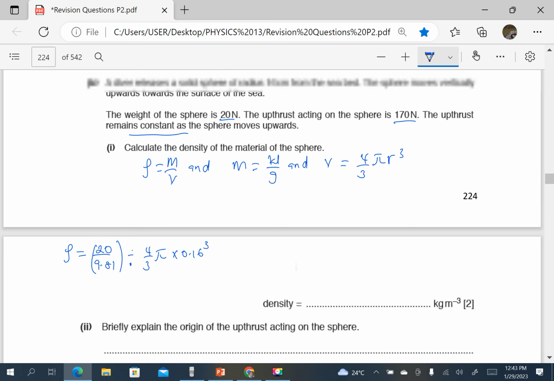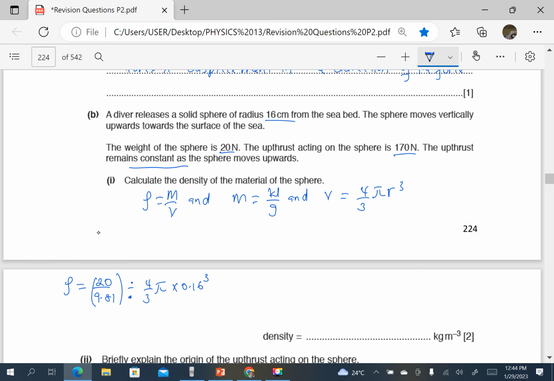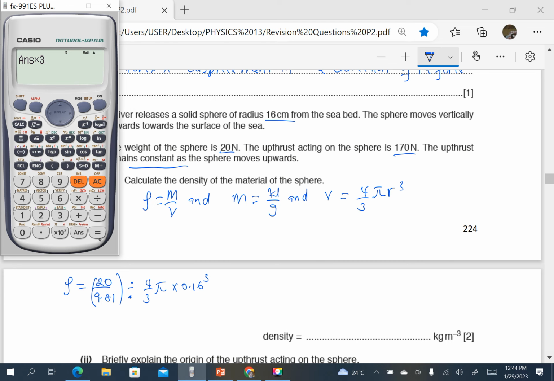So I'm just going to press the calculator and divide. 20 divided by 9.81. Then, of course, I will get the reciprocal here, so I'll say times 3, and I divide by 4 pi times 0.16 cubed.